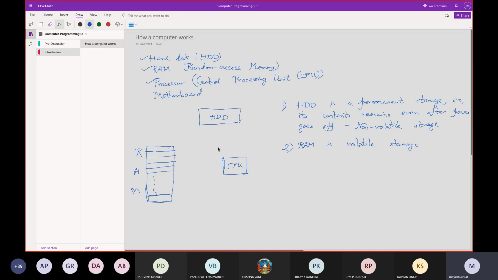Okay, but RAM is volatile storage. That means when the computer turns on, at the very beginning, the RAM is empty. Okay, and when the computer is turned off, it becomes empty again.